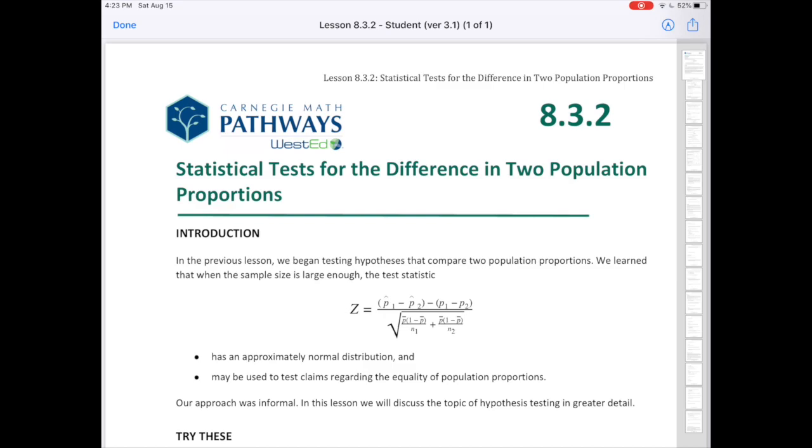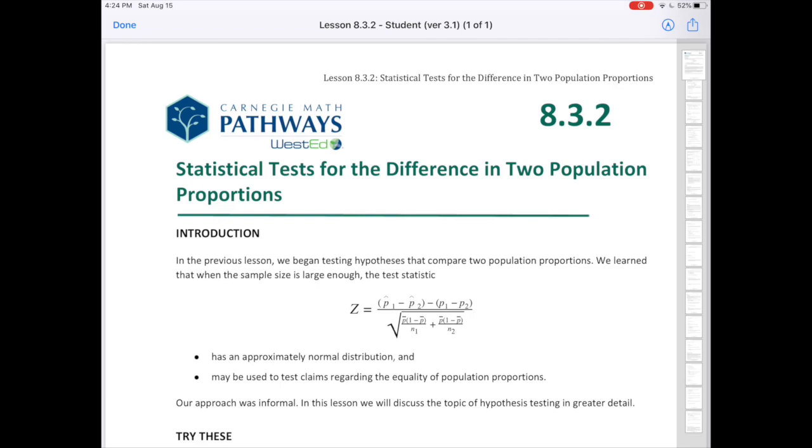Introduction. In the previous lesson, we began testing hypotheses that compare two population proportions. We learned that when the sample size is large enough, the test statistic z is equal to, remember, you take the difference in the samples minus the difference in the population proportions divided by the standard error, which is given by that square root right there.